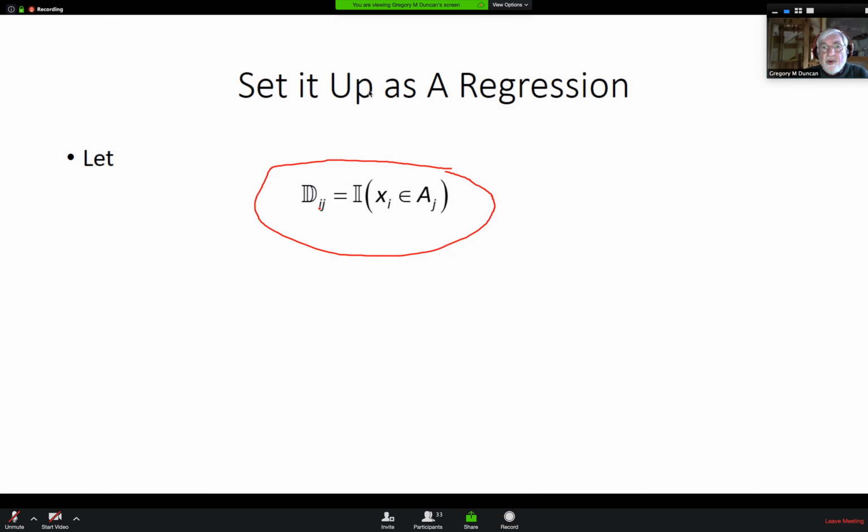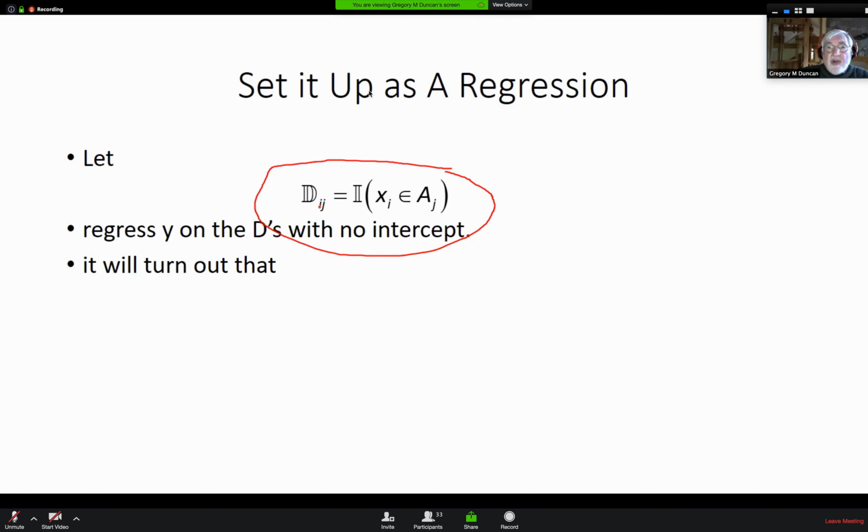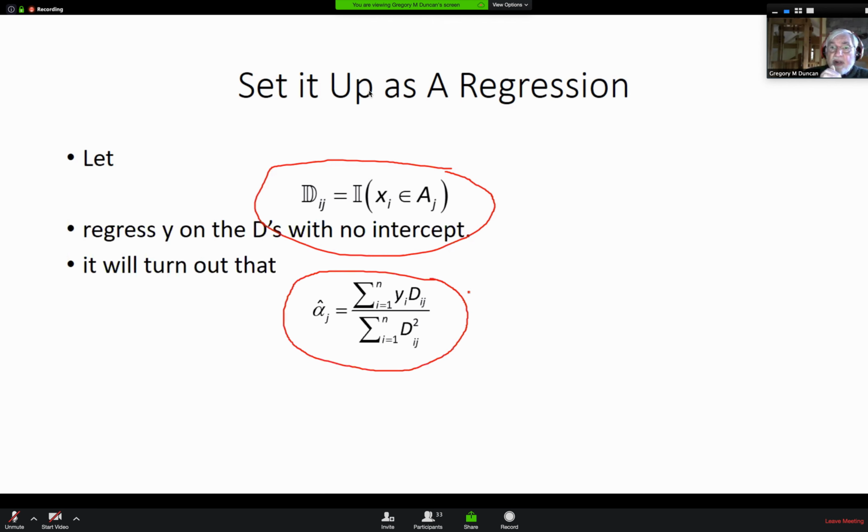And so that means, let's say I have 40 intervals, I'm going to have 40 dummy variables that tell me whether an observation is in one interval or another interval. So let's say I now regress y on the d's with no intercept. It turns out that that's going to be the formula for the ordinary least squares estimator. It's relatively easy to show that.